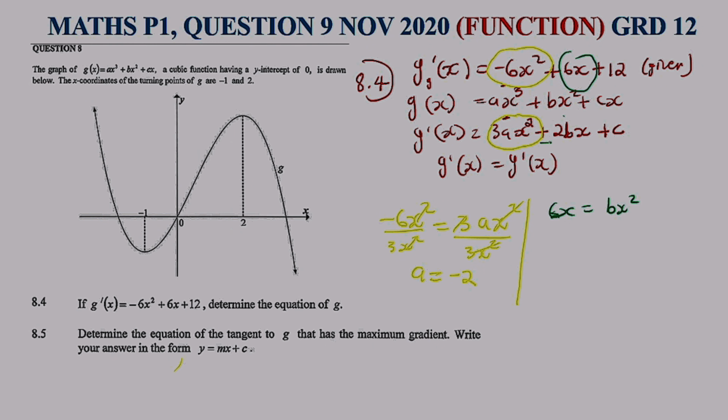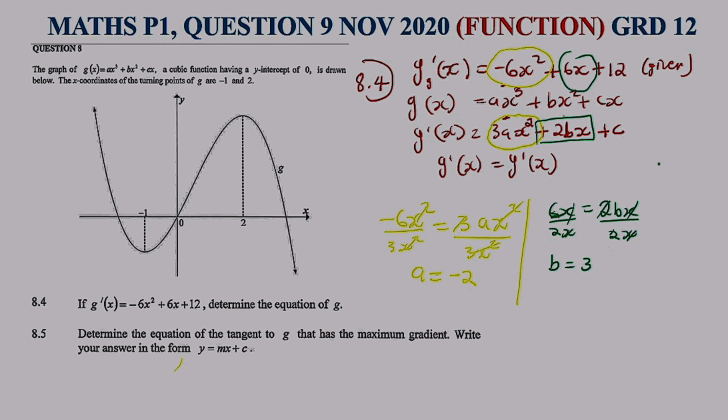It is equal to this here. So 6x is going to be equal to 2bx. Divide by 2x both sides, x and x will cancel out, 2 and 2 is gone, so b is therefore 3.